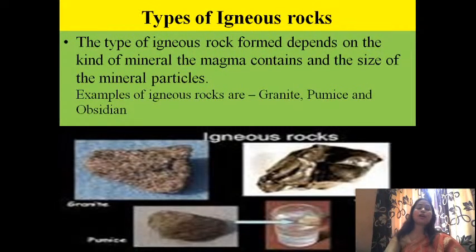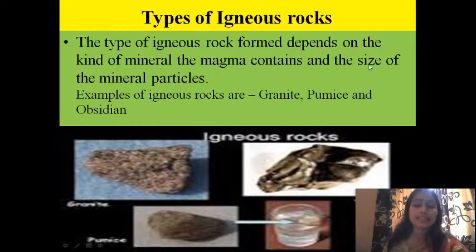Now, types of igneous rocks. I hope you understand the cycle of rocks and the three kinds of rocks. Now I'm going to explain in detail the types of igneous rocks. The type of igneous rock formed depends on the kind of minerals, the magma contents, and the size of the mineral particles.